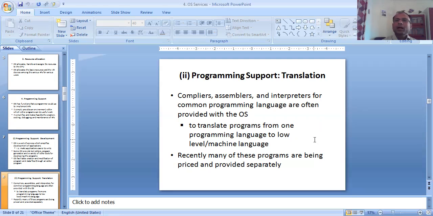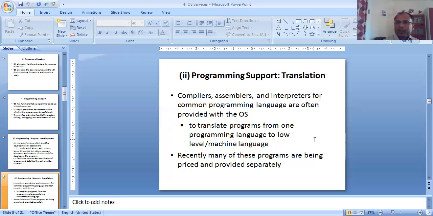That means after writing the program, we require this program to convert into the machine or CPU readable format. So for this, compilers, assemblers, interpreters are the different language translators which provide this facility.